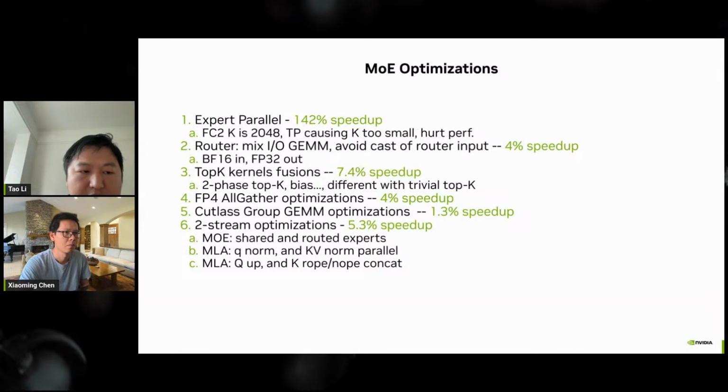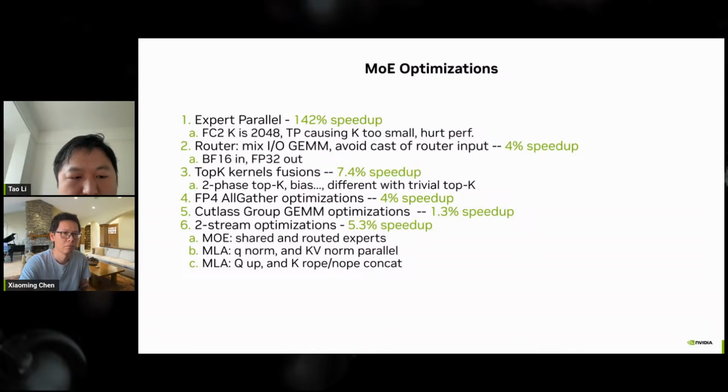Finally, there are also some two-stream optimizations. There are three places where we can apply the two-stream optimization. Inside the MOE layer, the shared expert and the routed expert can be run in two parallel CUDA streams.